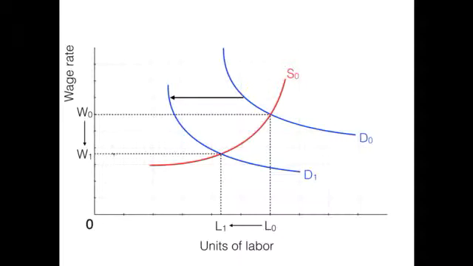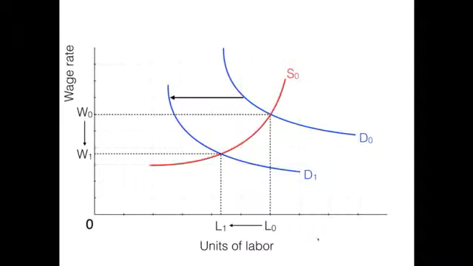So at that new equilibrium, we're going to have an equilibrium wage rate of W1 and an equilibrium quantity of labor equal to L1. So what occurs is that the equilibrium wage rate will fall, and we will go back to full employment, because at that W1, the quantity of labor demanded is exactly equal to the quantity supplied. So this is what the classical school believes.